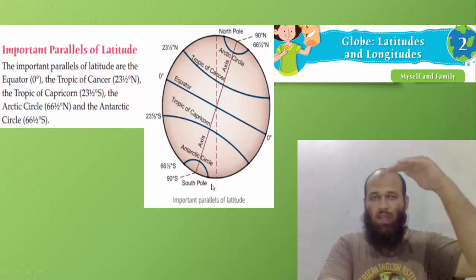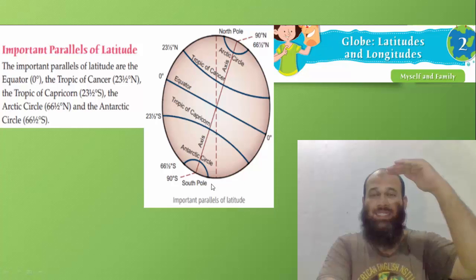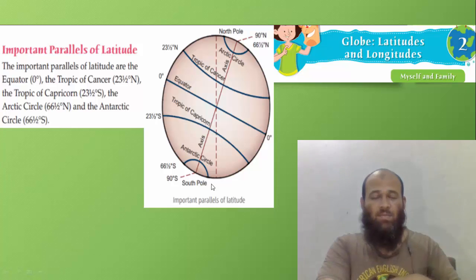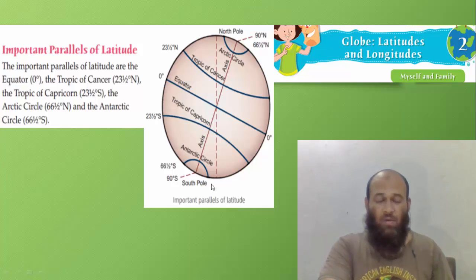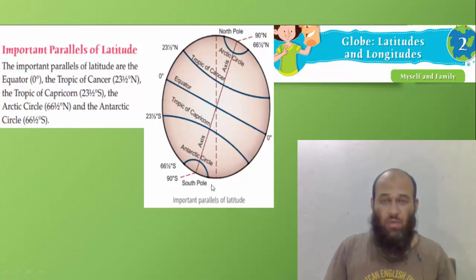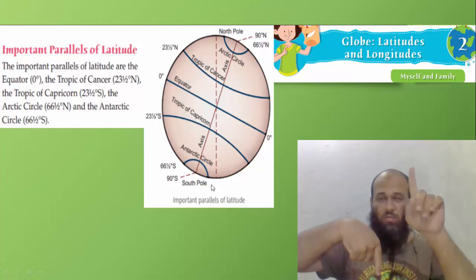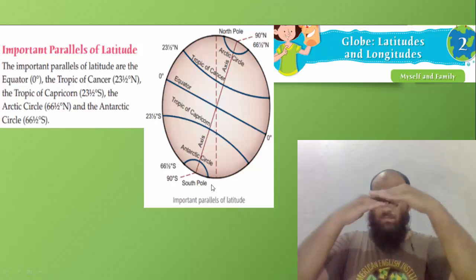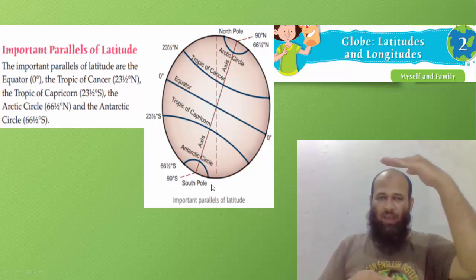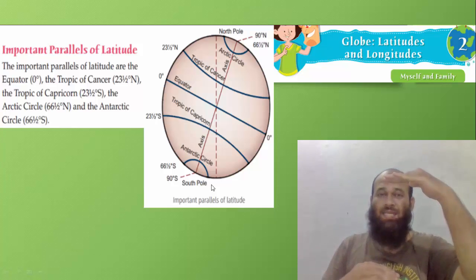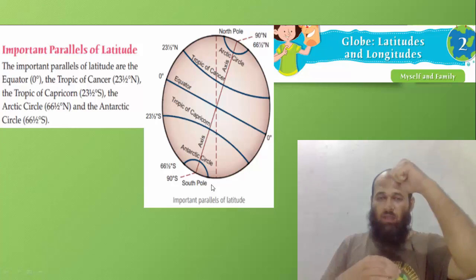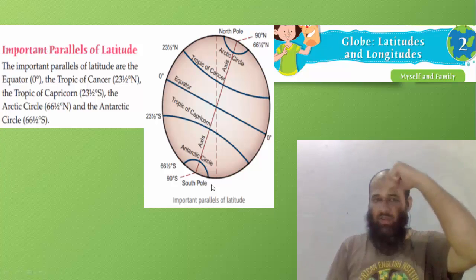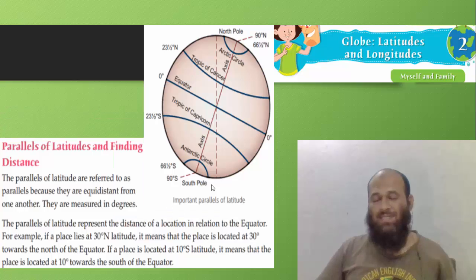Of course, our northern pole is at 90 degrees north, southern pole 90 degrees south. So you have to remember the directions plus degrees. From the northern pole to the southern pole you have 180 degrees distance.